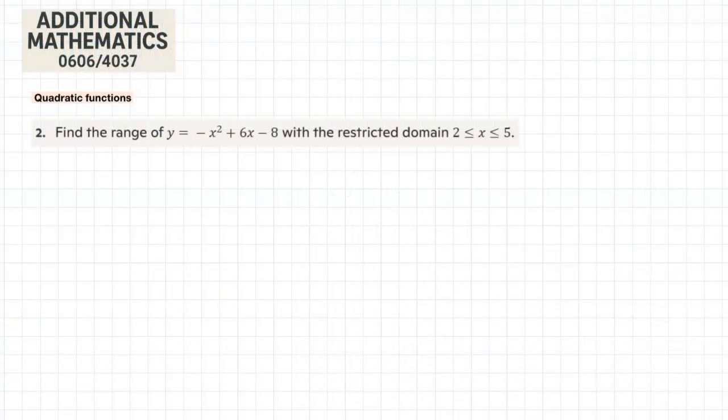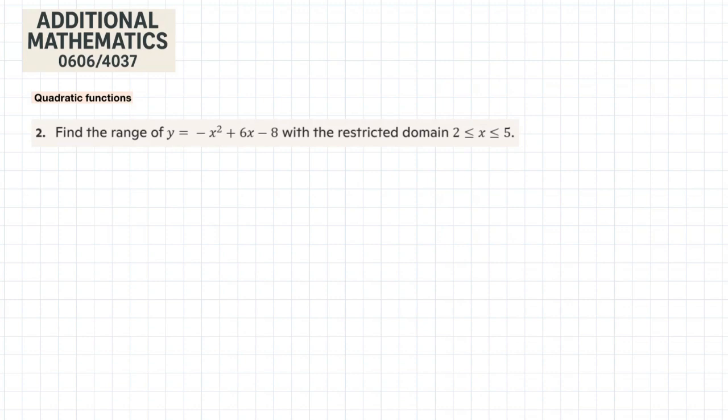Problem 2. Find the range of y equals -x squared plus 6x minus 8 with the restricted domain. This time there's a restricted domain, and the parabola that we're going to be sketching to get the range is with a maximum turning point, since the coefficient of x squared is -1. Okay, so this one I'm going to be using the completing the square form.